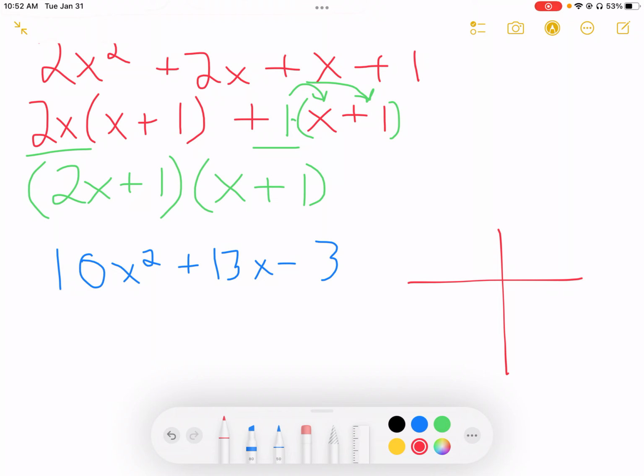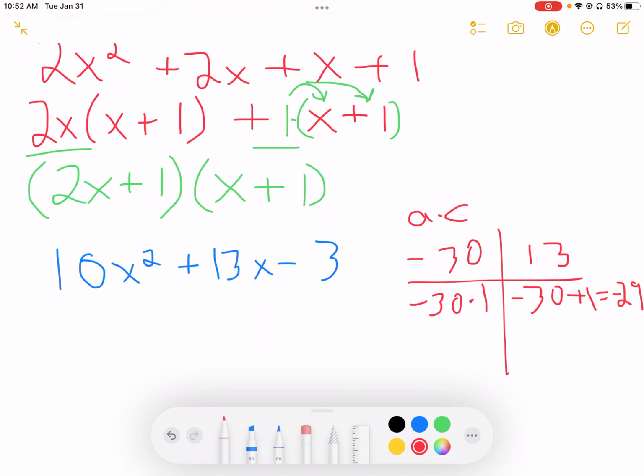I have to go ahead and do my a times c, right? So a times c, so I have minus 30, and then I have 13. So minus 30, 13. I can think of a couple different things here, right? But I know I'm going to have a negative, so I can do minus 30 times 1. That obviously is not going to work, because if I do minus 30 plus 1, I'll have minus 29.